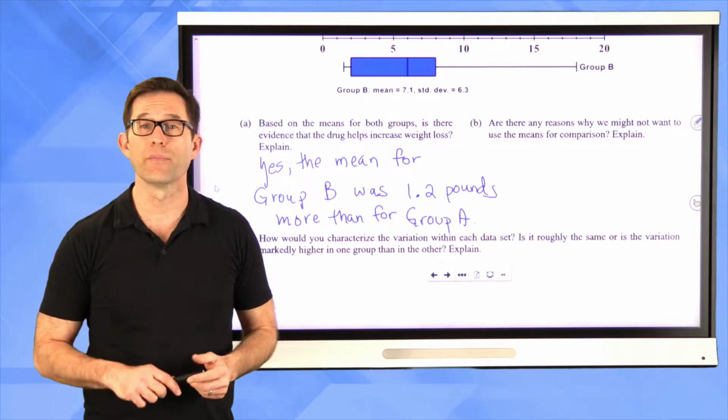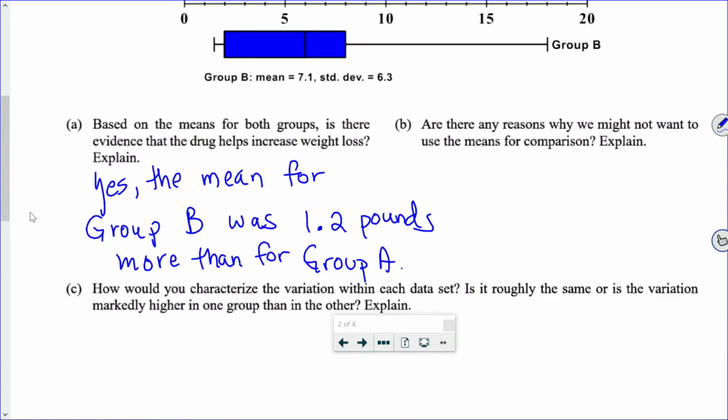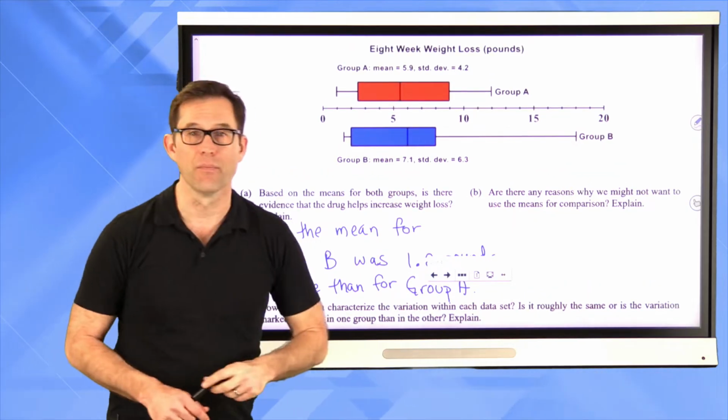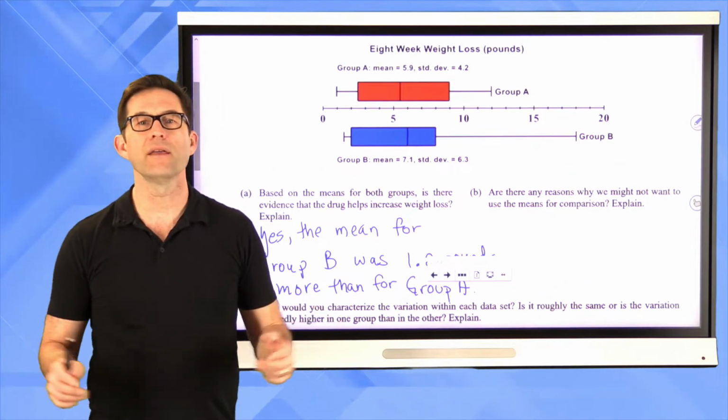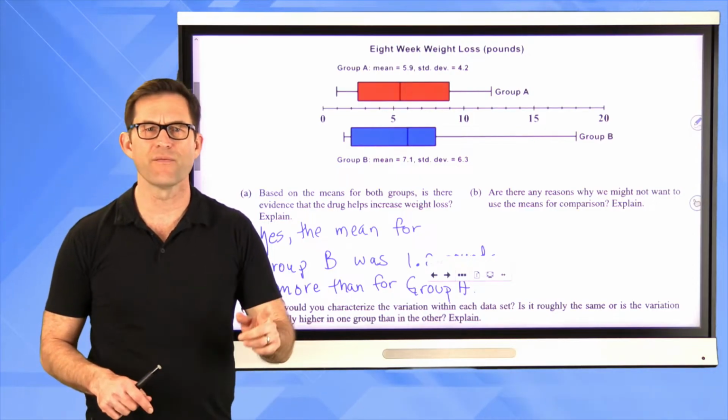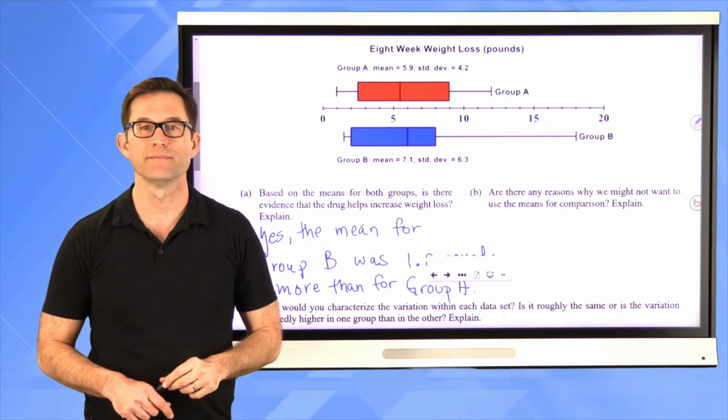Letter B. Are there any reasons why we might not want to use the means for comparison? Explain. Let me pan up here a little bit. Would there be any reason why we might not want to use the means? Pause the video now and think about this a bit.